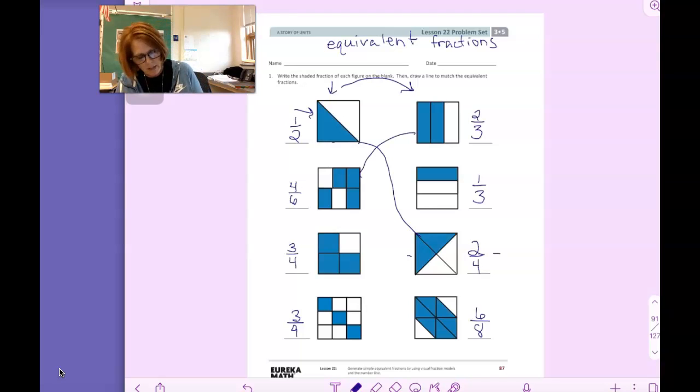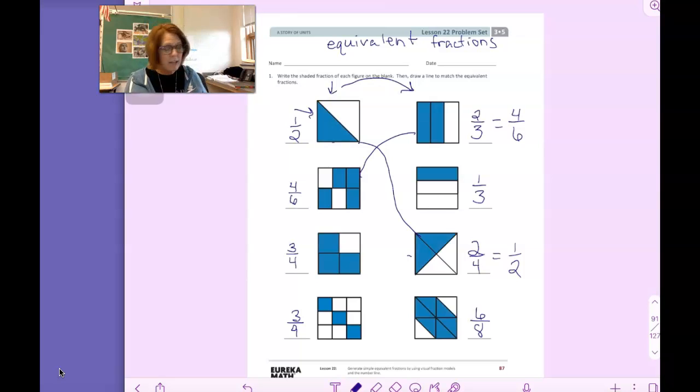I'm going to write the matching fraction like this. I want you to do the same, just so that you can start to see, because you do need to start knowing right off the bat that 2/3 is the same as 4/6, or 2/4 is 1/2.